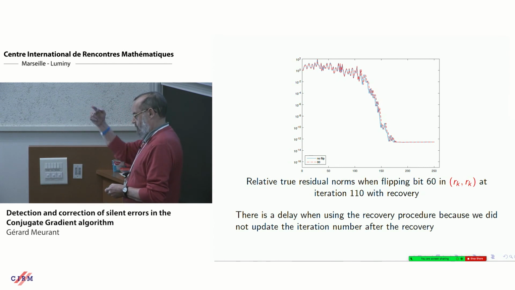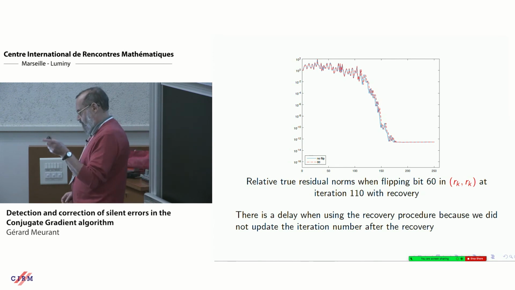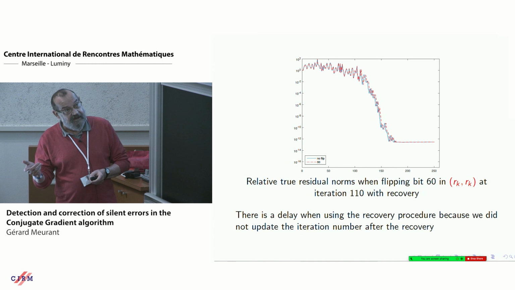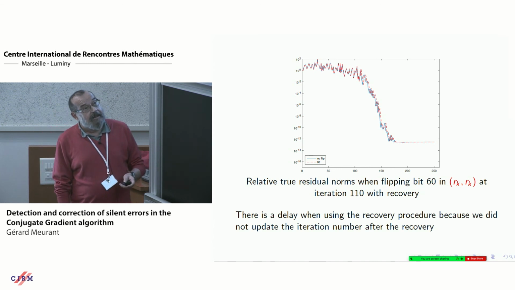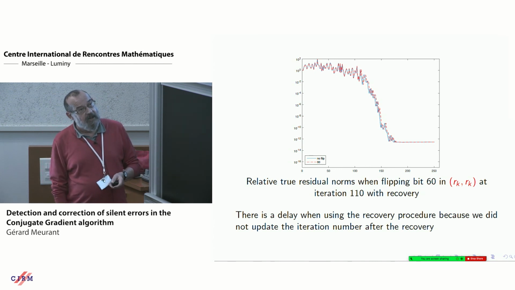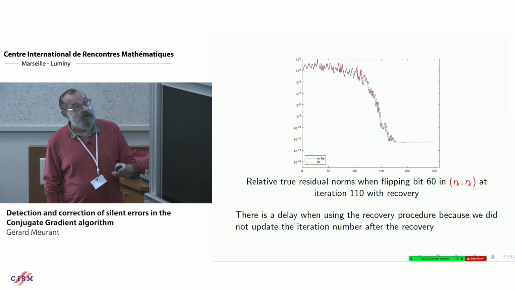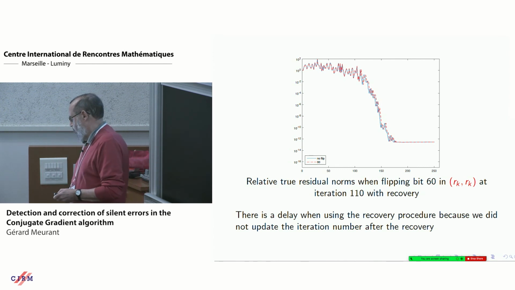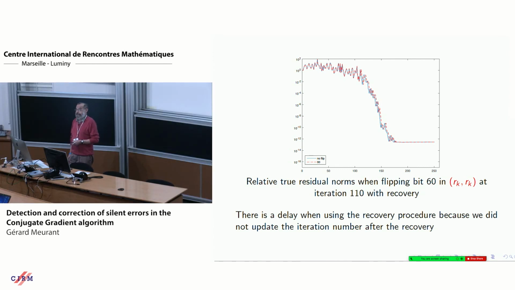So I'm going back to iteration 109 in that case, but I did not update the iteration number. And you can see that you get what you expected, which is to get back to the normal convergence of your iteration.